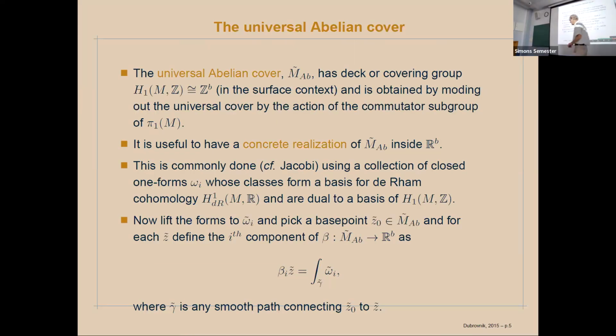So this is a reminder of the setup we're going to use. I did this last time. We're working in the universal abelian cover. We stick it inside the appropriate Euclidean space with dimension equal to the rank of H1, using a basis of forms.